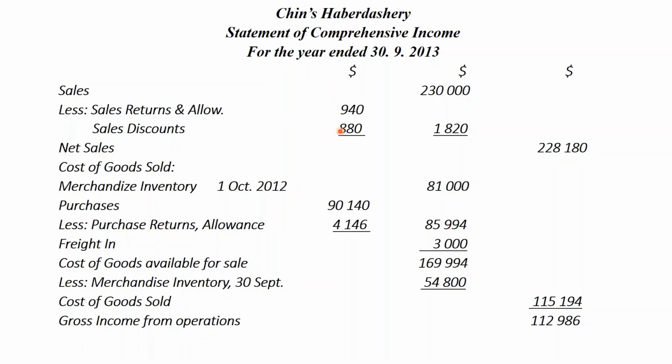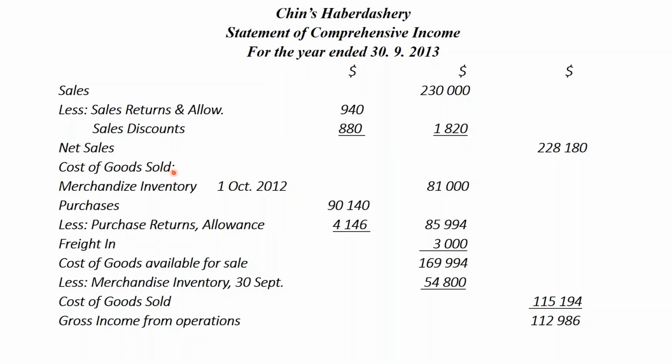Okay, but this should be added to this figure and one figure shown under here, right? So sales discounts added on to the sales returns and allowances, and we got 1,820. So your net sales is 228,180.